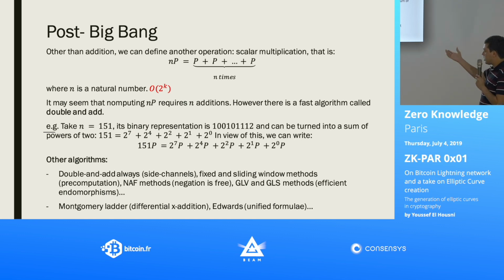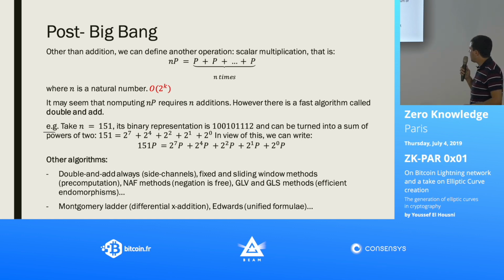Timing attacks is just you compute the time to do a doubling, you compute the time to do an addition, and then you guess it. This time is 1, this time is 0, so you can reconstruct the secret, the scalar, just with the timing consumption. You can solve this by some other algorithms.